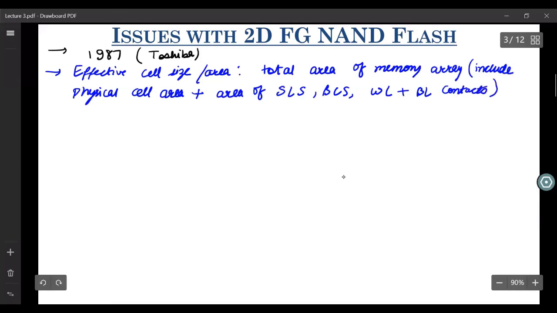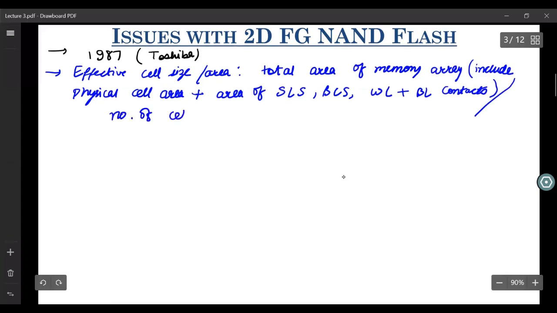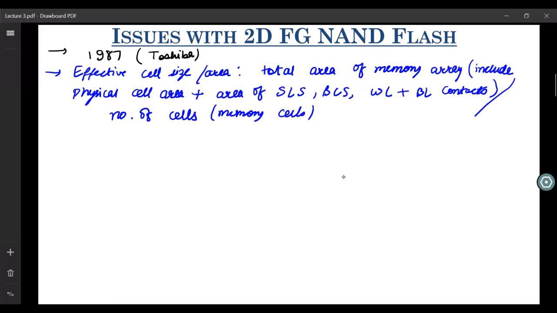We then divide this by the total number of memory cells. These memory cells can be flash cells. This is how we calculate the effective cell size or area.